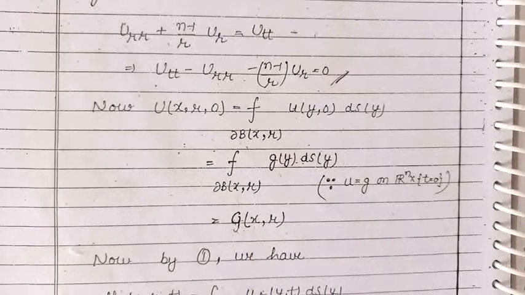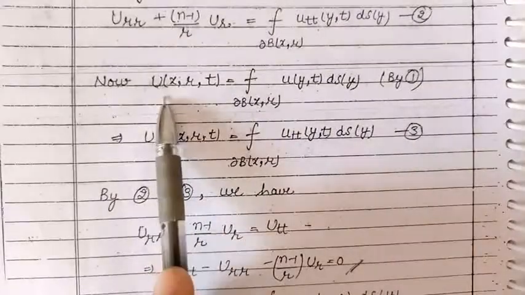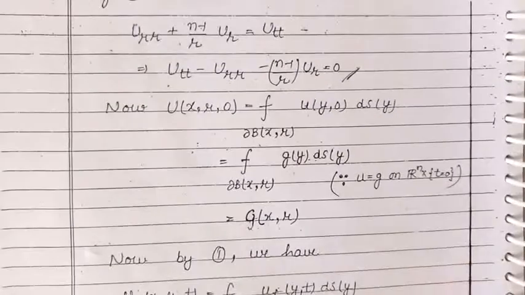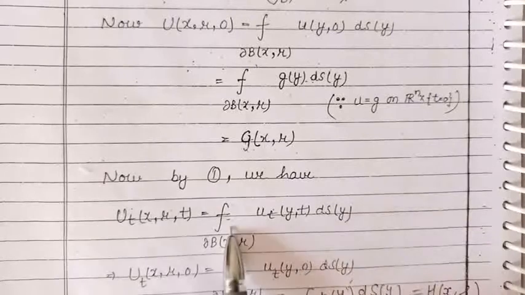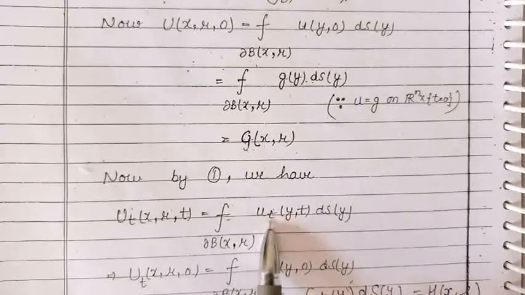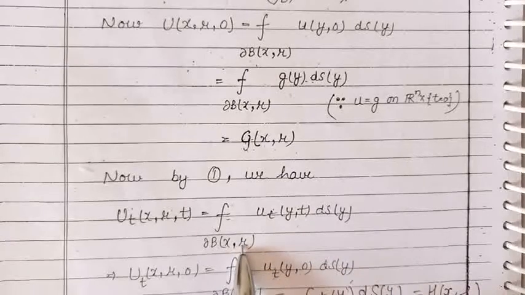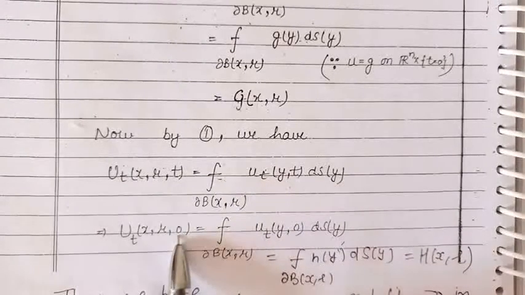Now to check the second initial condition, let us differentiate here partially with respect to t. So left side will become ∂U/∂t, and the right side we have average integral of ∂u/∂t over this sphere with center x, radius r. Now let us put t equal to 0 here.